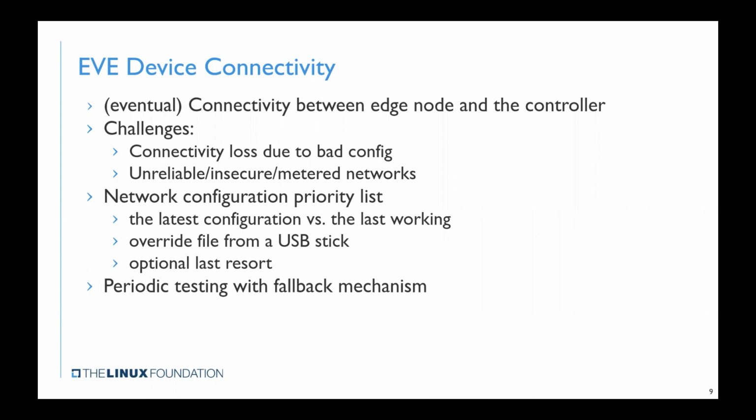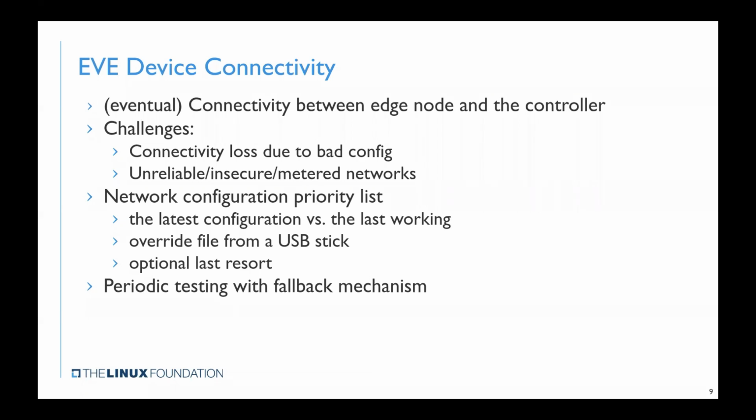And the connectivity can be lost either for physical reasons, because as you know, networks are unreliable. Some of these adapters may lose connectivity, but it can also be lost because of bad config.